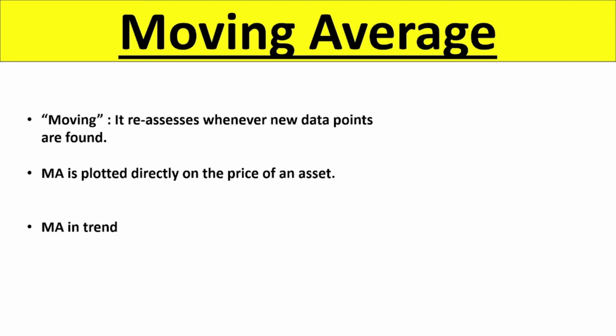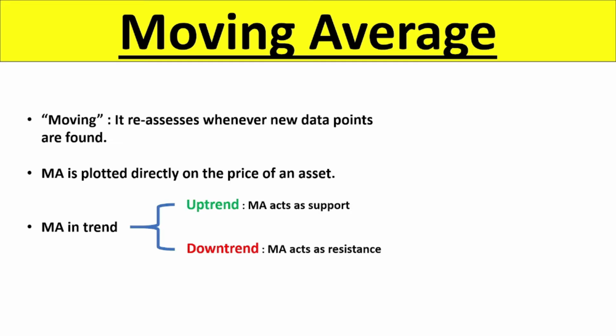When the stock price moves above the moving average, we can consider it an uptrend, and at the same time the moving average acts as a support when the price is trading above it. Similarly, when the stock price is moving below the moving average, we can consider that the stock is trading in a downtrend, and again the moving average acts as a resistance when the stock is below the moving average.